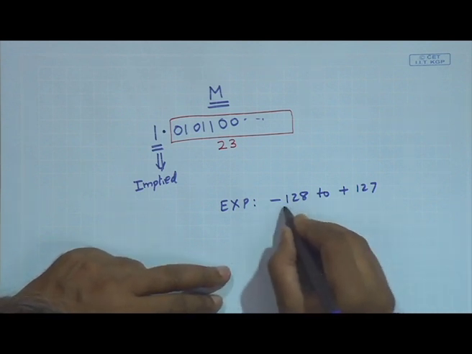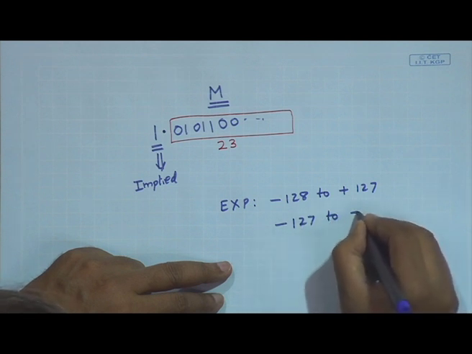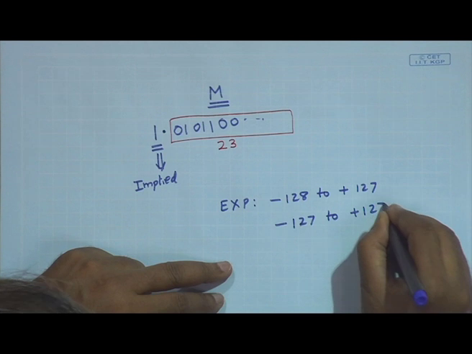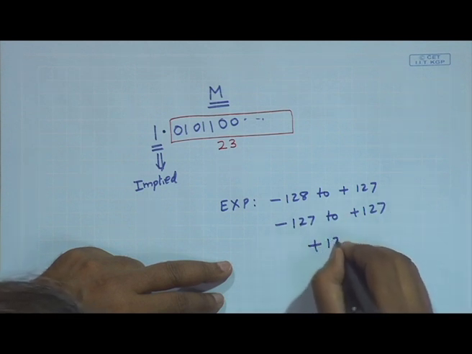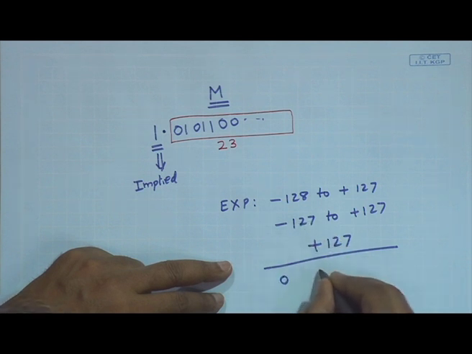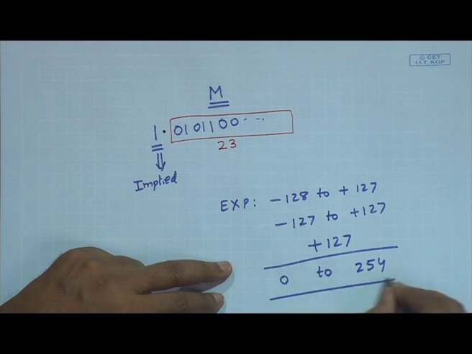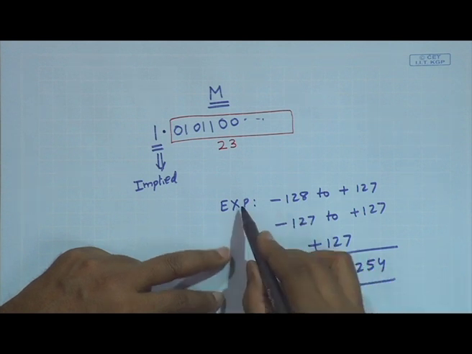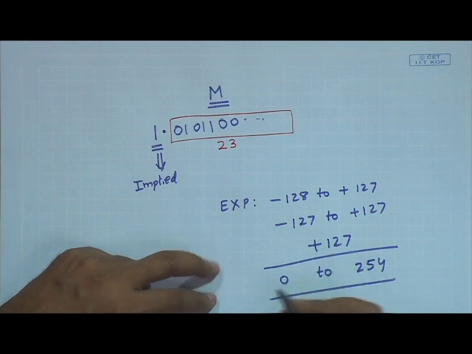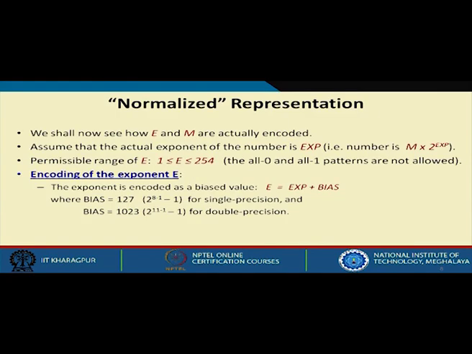Now, one combination you leave out, so let us say it is from minus 127 to 127, because the all 0 and all 1 patterns we are not using. So, if you add a bias of 127 to it, minus 127 plus 127 becomes 0 and 127 plus 127 becomes 254. So, this is positive. So, for the actual exponent we are doing biasing, generating the value of e, which is an unsigned positive number. This is how we are encoding e.